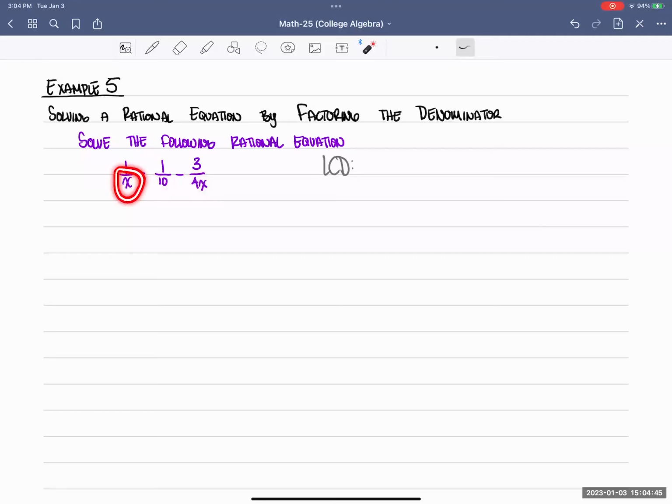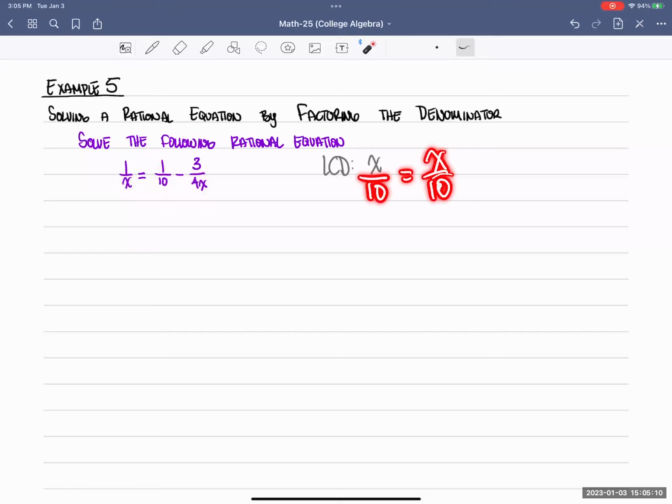Starting off with x, x divided by x is equal to 1. That crushes all of the fractions, so we're good there. Next we're going to do 10. So x divided by 10, we have a fraction.